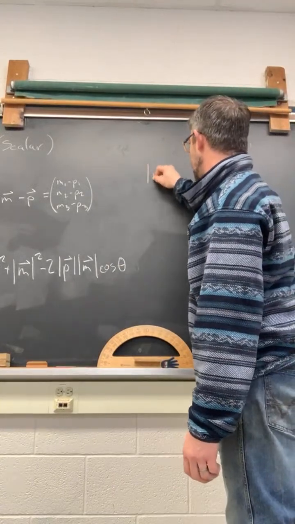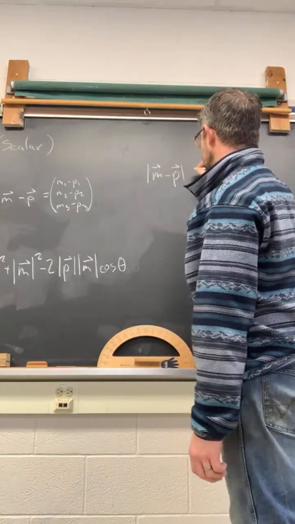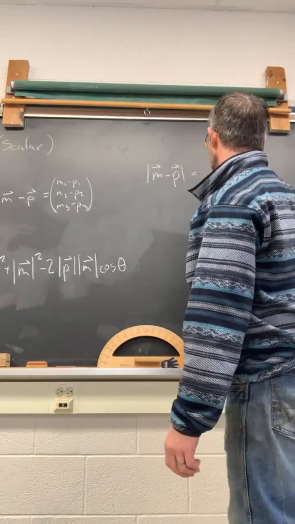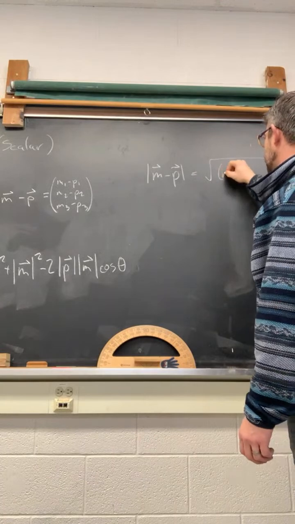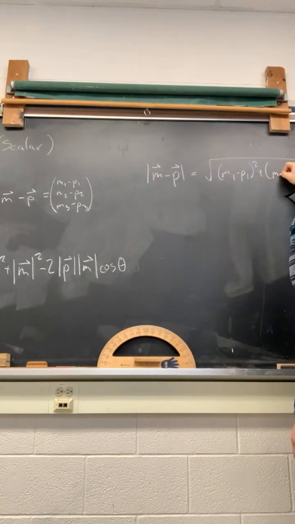So the magnitude of m minus p is going to be equal to the square root of the first component squared plus the second component squared plus the third component squared.